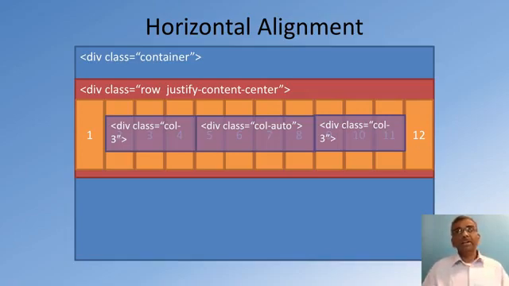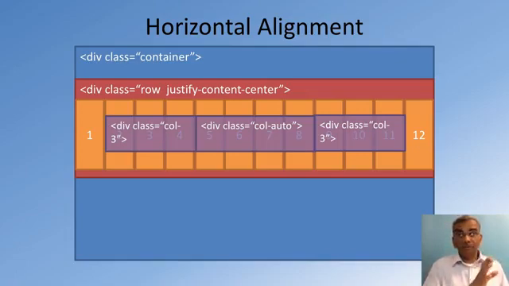The middle one, when I say col-auto, it means that the number of columns that this particular div occupies will be automatically determined by the content that is enclosed inside there. So based upon the content, the number of columns occupied by the div will automatically adjust itself. In this particular layout, that content is being accommodated within 4 columns.